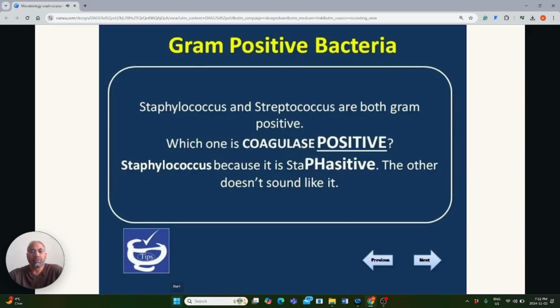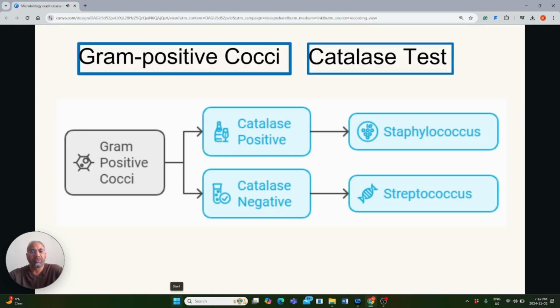These are the two gram-positive cocci, staph and strep, and the test done to differentiate between them is the catalase test.